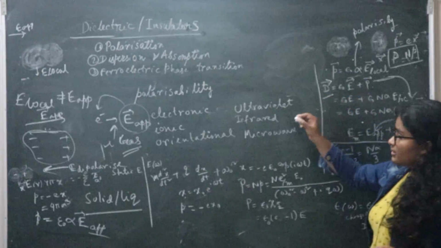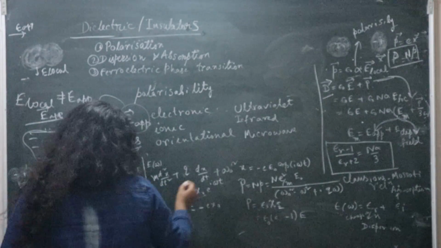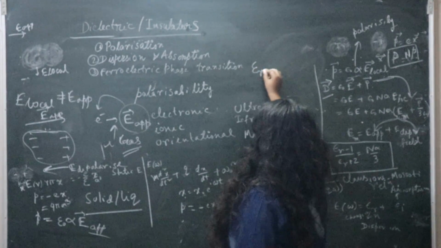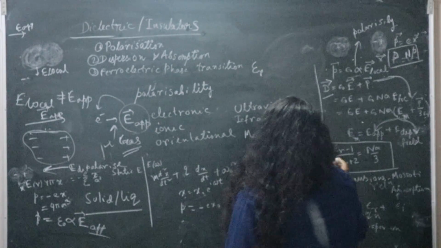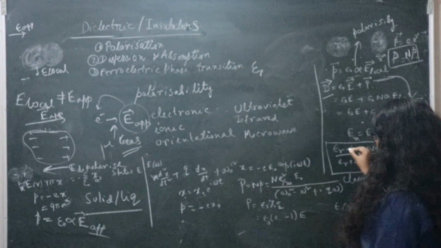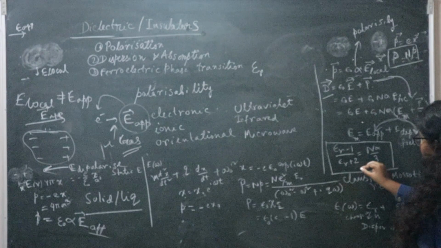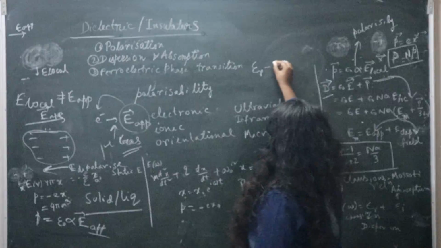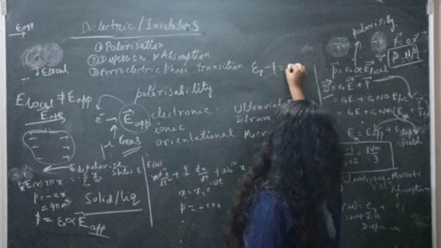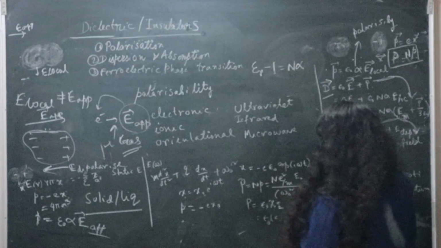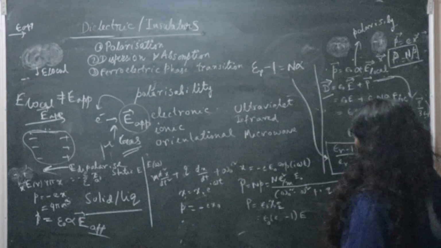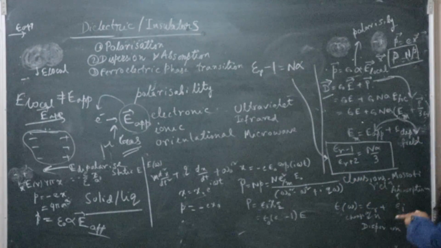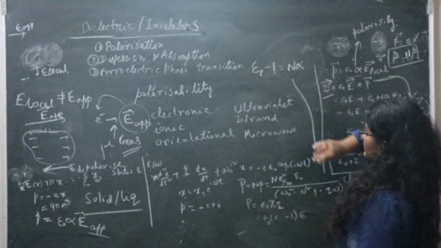So the dielectric constant value, that is epsilon r, will be changed earlier. Now it is (epsilon r minus 1) by (epsilon r plus 2) equals N alpha by 3. Earlier it was epsilon r minus 1 equals N into alpha. It has been changed for solid and liquid dielectrics; the earlier form is valid for gaseous dielectrics.